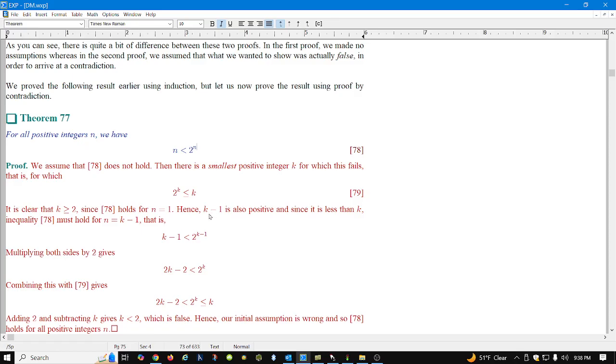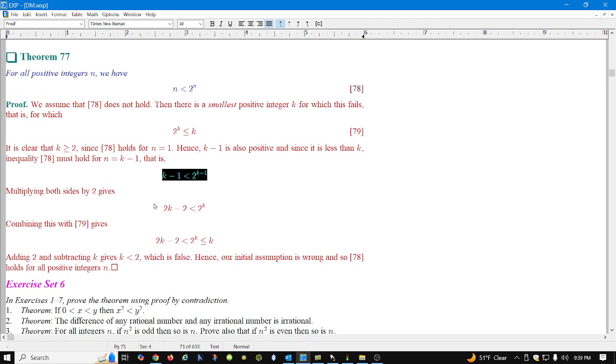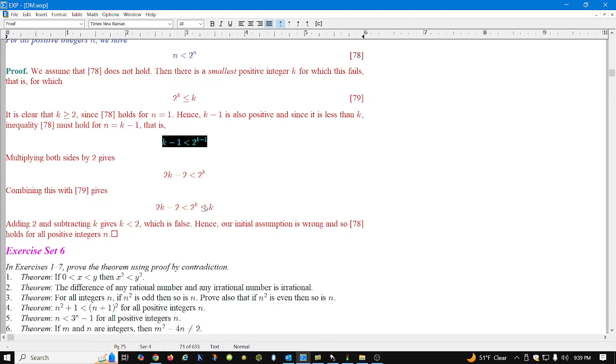So k minus 1 is also positive, and since it's less than k, this inequality holds for k minus 1. For n equals k minus 1, that gives us this. Now a little algebra: multiply both sides by 2, combine it with this, and we end up with this.